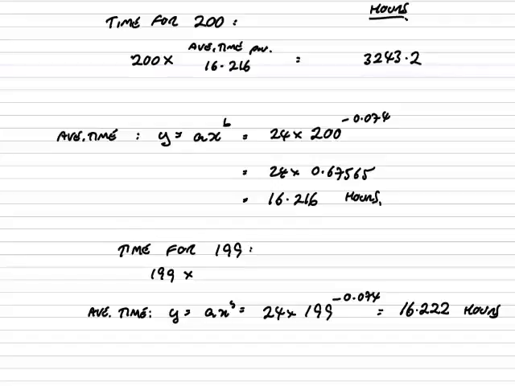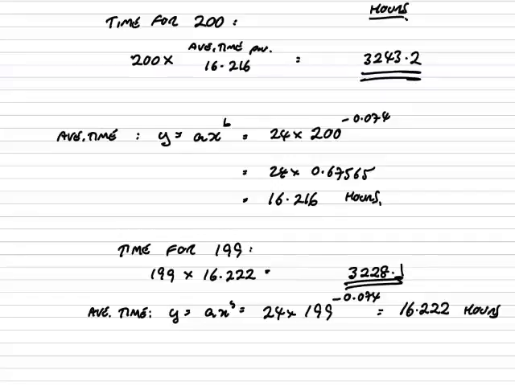And so the total time for 199 times the average. I'm going to be even more precise. I left it in my calculator. It comes to 3228.1. Why did I do that?